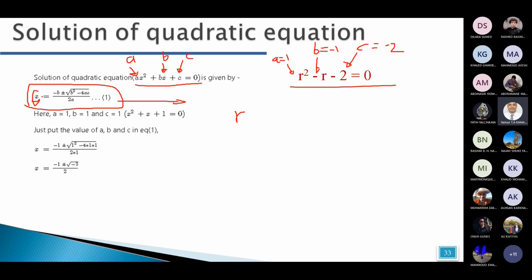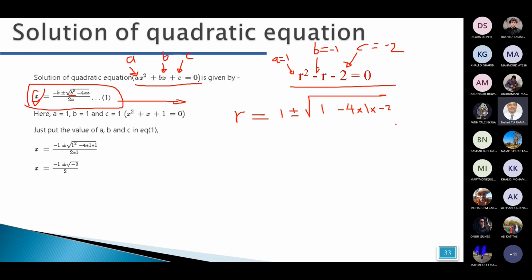We need to solve for r, not x now. r equals minus b. b is minus 1, so minus minus becomes plus, so 1 plus or minus root of b squared, 1 squared, which is 1, minus 4 multiplied by a, which is 1, multiplied by c, which is minus 2.